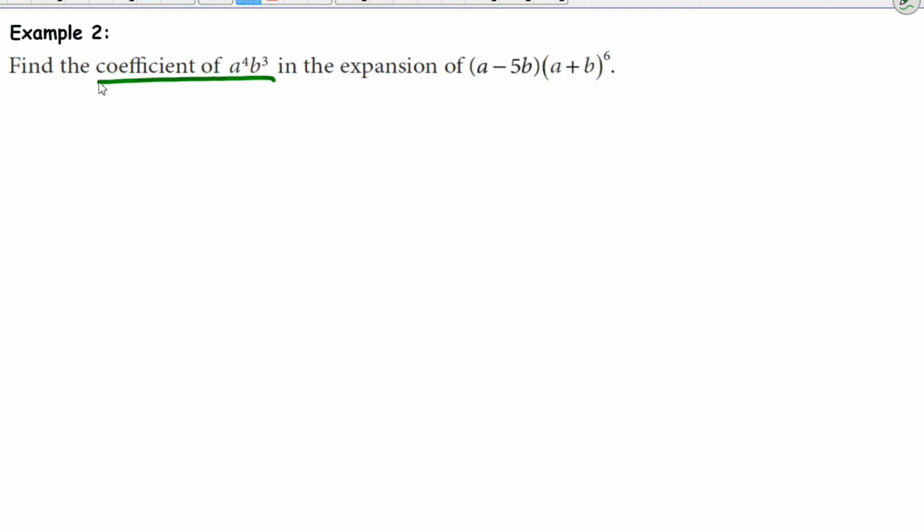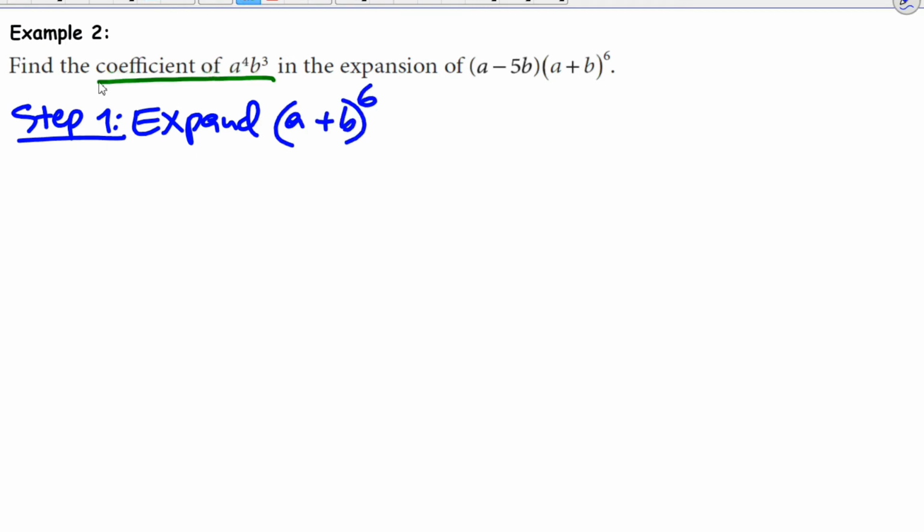So step 1, we can start by expanding (a plus b) to the power 6.